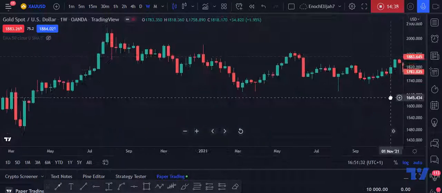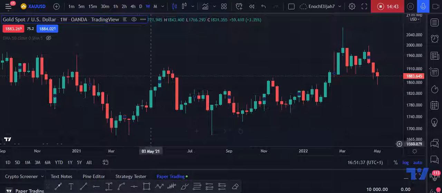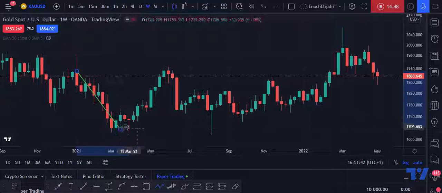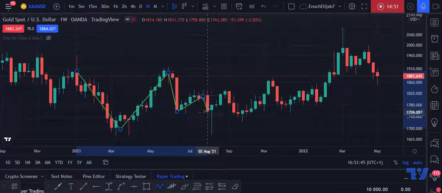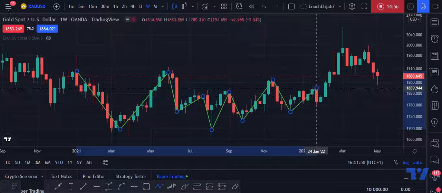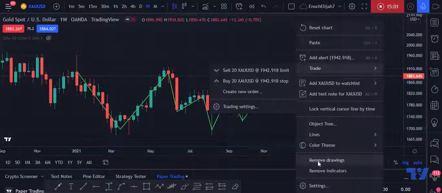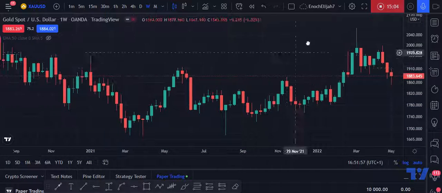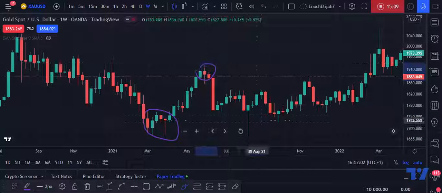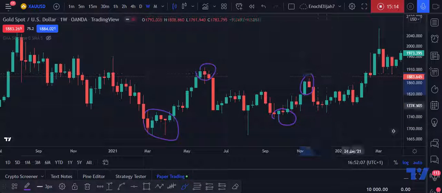Okay, this is an example right here. What we have here is a ranging market. These are ranging zones, until it breaks right out of here. So this is a ranging market. You will buy right at the bottom here, sell here, buy here, sell here.